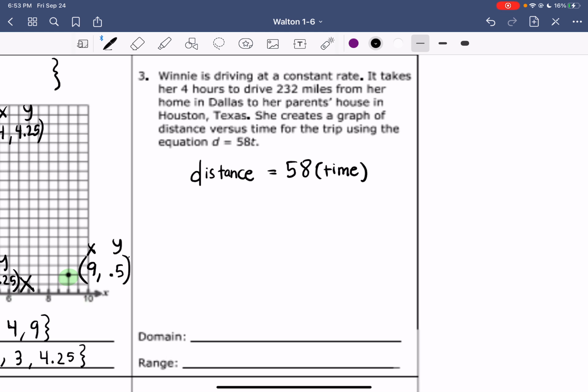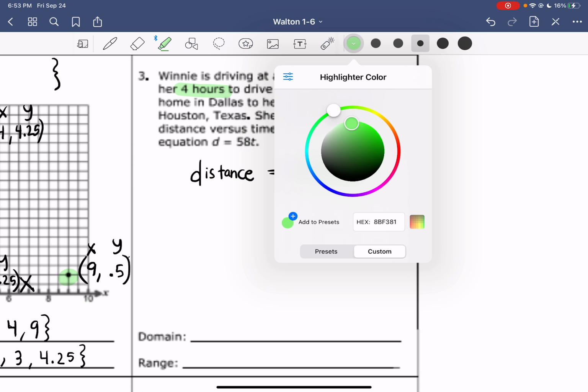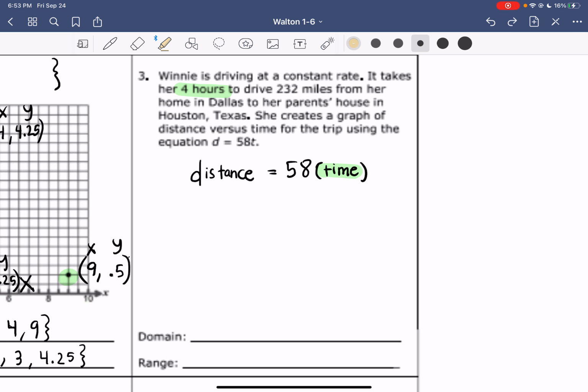So if we were to take the information that they gave us in the equation, we see our time here is 4 hours, and then picking another color, our distance is 232 miles.